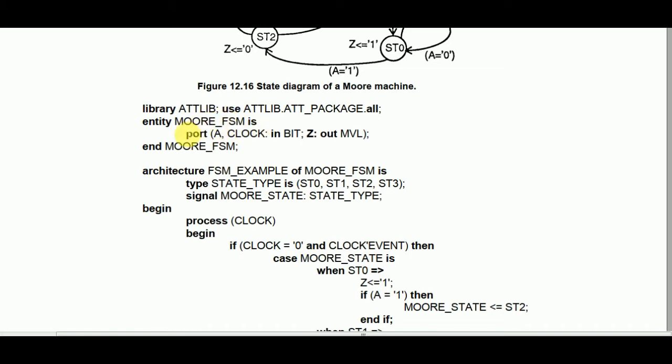The declaration of ports: port A, clock, input of bit type. So A and clock are input ports of bit type. Then Z out MVL; you can replace this MVL type with bit type. So Z is an output of bit type. Here Z is the output, A is the input, and a clock signal is present.